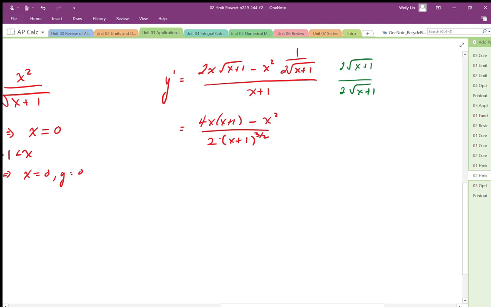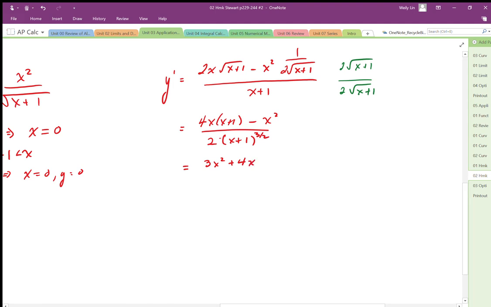I've got some like terms here, so I should simplify that. I end up with 4x squared minus x squared is 3x squared, plus 4x.